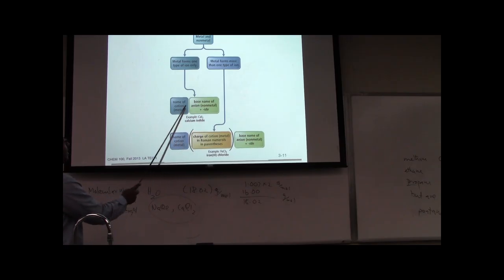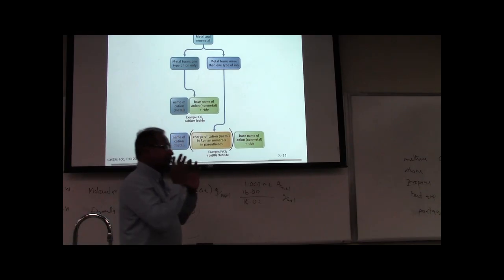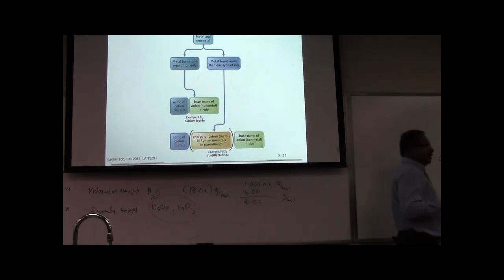Calcium iodide. Now, one thing: all metals keep their name. They don't change name. It's like the male and female thing, you know. Remember when you get married, the girls change their name to the husband's name, right? Some people keep both, okay, that's okay. Now, do you understand? Metals don't change the name even when they become ions. We call it sodium ion.